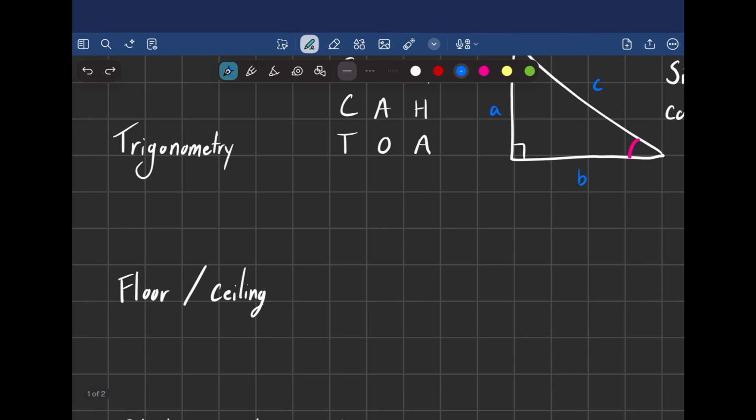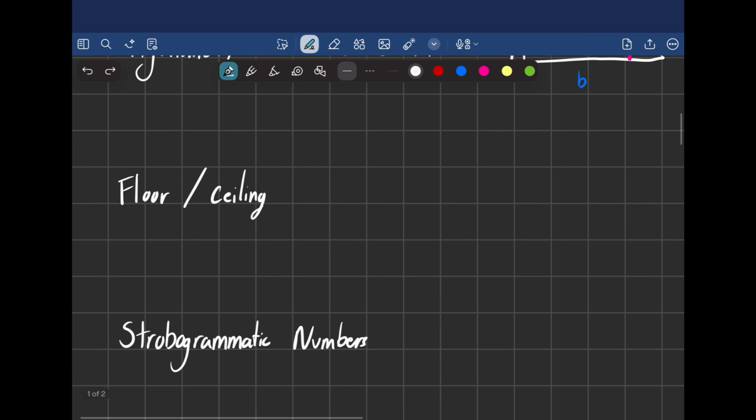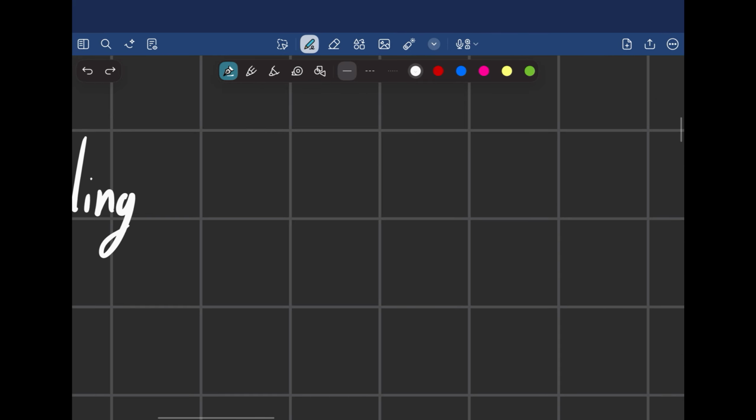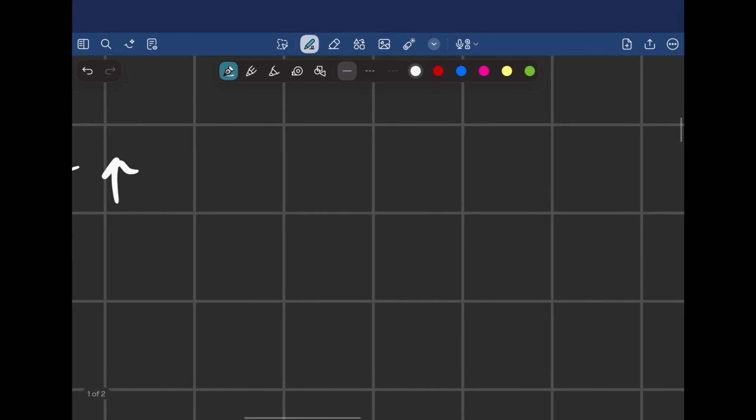The other thing I wanted to talk about was the floor and ceiling functions. It's rounding, essentially. It's a different form of what rounding we normally see. Now, when we say rounding, we normally look at a number and go, oh, we can round that down to 20, or we can round 25 to 30, right? But let's say we always need to round up.